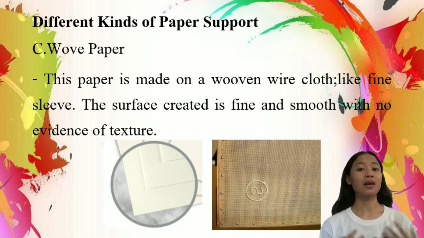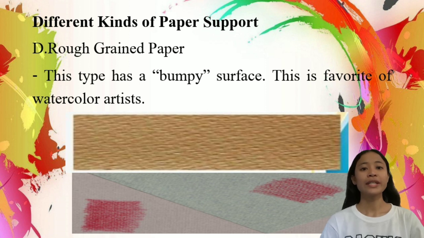It is similar to laid paper but without the textured patterns. Fourth kind of paper is the rough-grained paper, which has a noticeably bumpy surface. In making rough paper, the pulp is pressed without additional heat, so there is a natural variation in the surface.